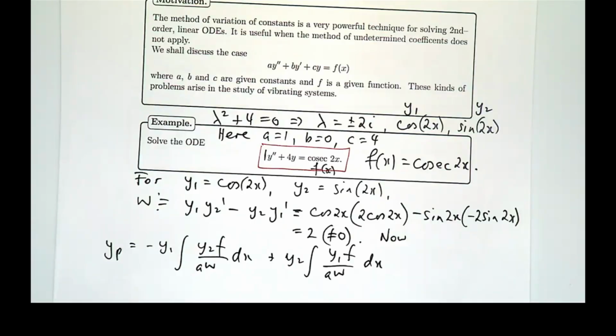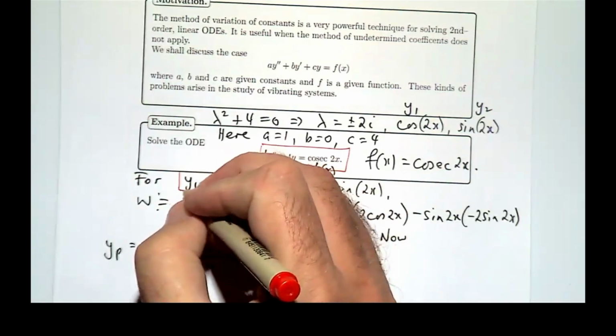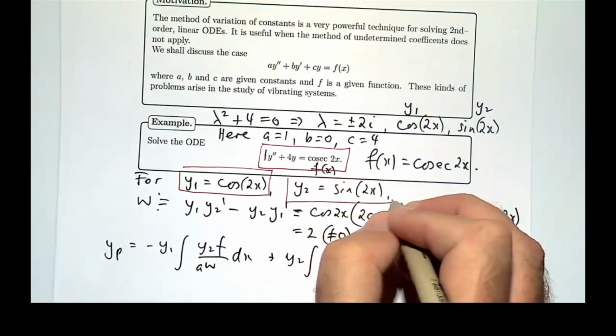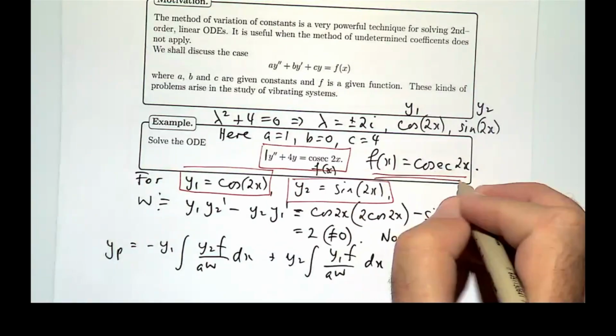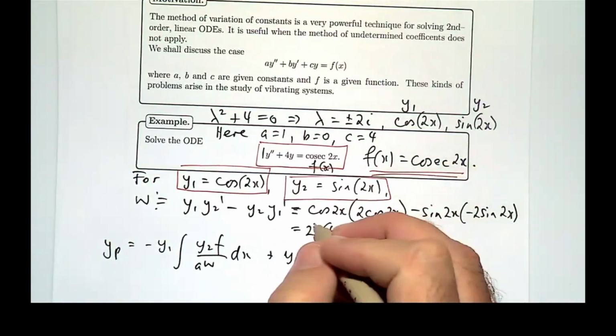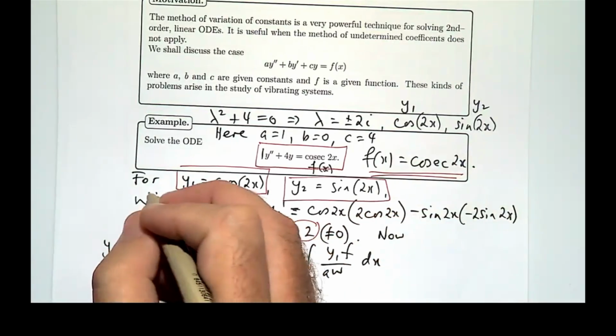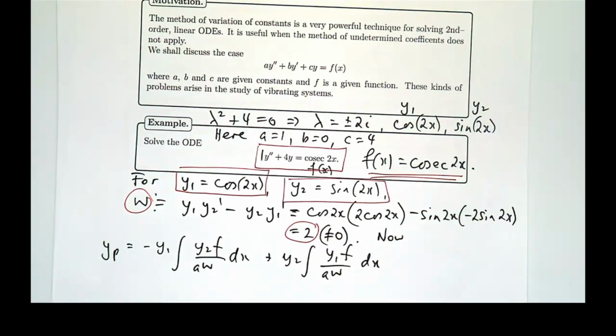So let's take our y1 and y2, our Wronskian, and our other parts and dump them into this expression and see what happens.